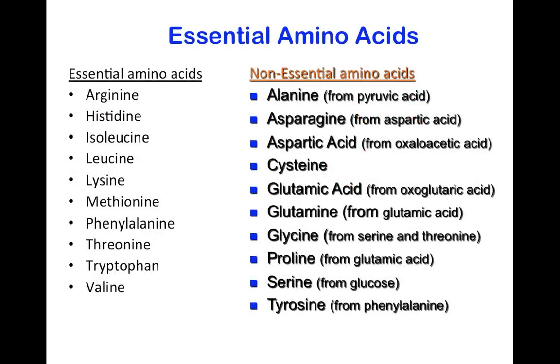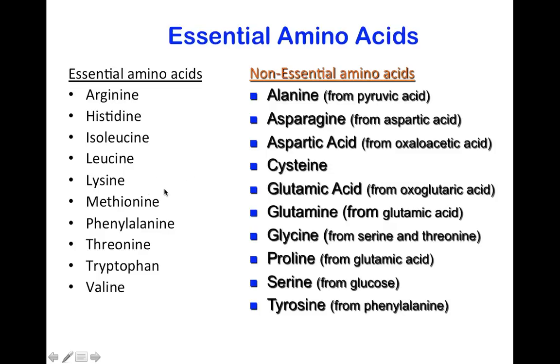Now, there are 20 amino acids that make up most, if not all, of the proteins in your body. Alright, so all the proteins in the body that are required for healthy human growth and health consist of 20 amino acids. Now, out of those 20 amino acids, some of them are what we call essential amino acids.